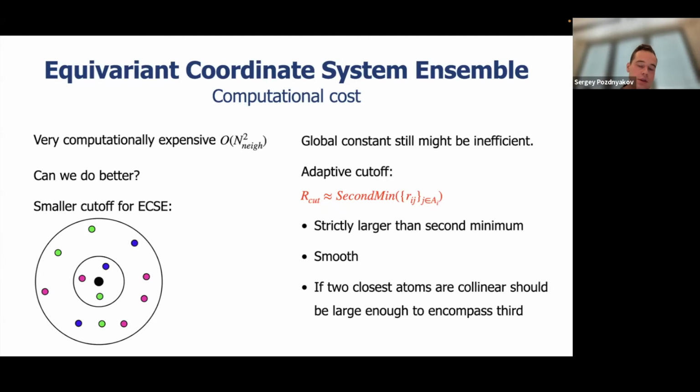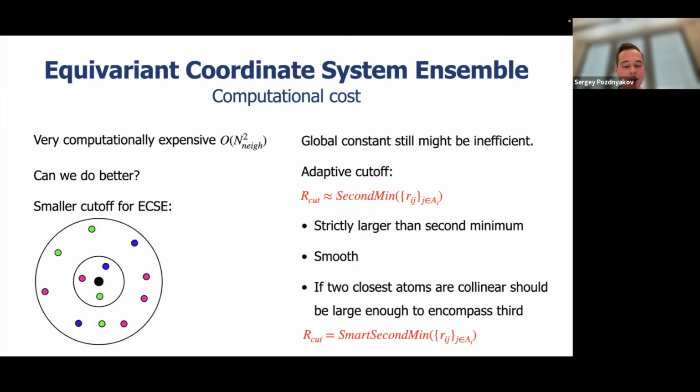Our cutoff radius should smoothly and dynamically adjust to this corner case and become large enough to encompass also the third neighbor, and so on. Incorporating all these requirements, we produced an approximation for the second minimum, a smart second minimum.